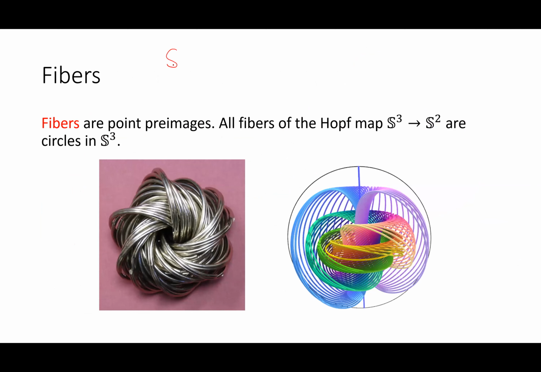The two sphere can be mapped or represented by, so I put the equality sign, but I don't mean that these two things are equal. I just mean that you can use one thing instead of the other. So the two sphere can be represented as the two-dimensional plane plus one point at infinity.